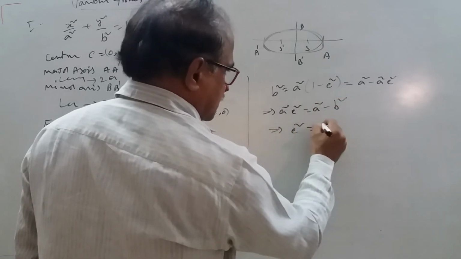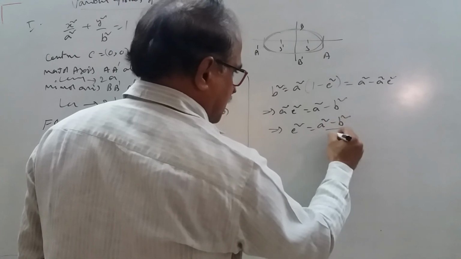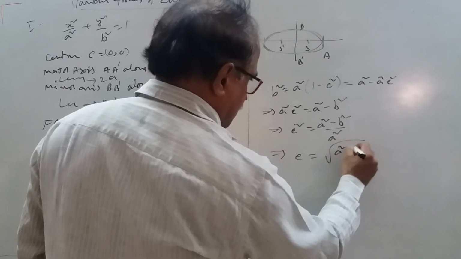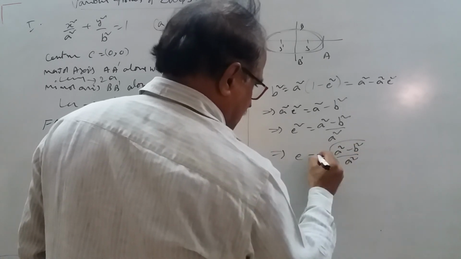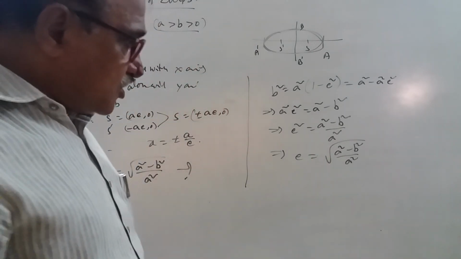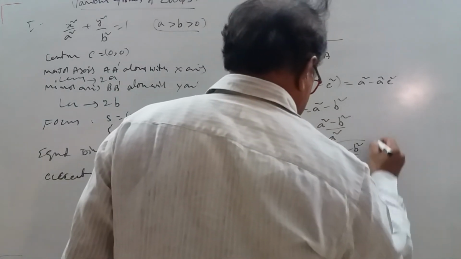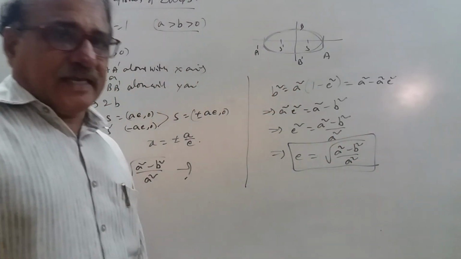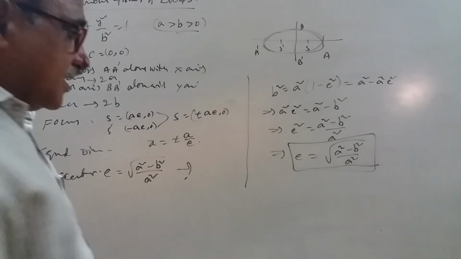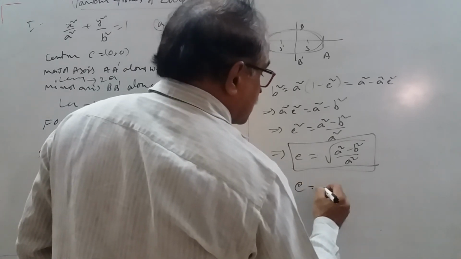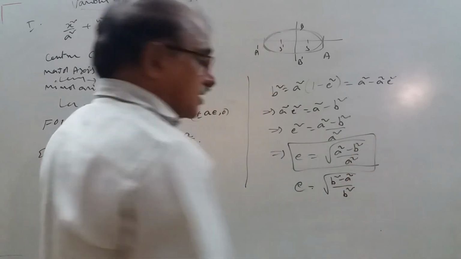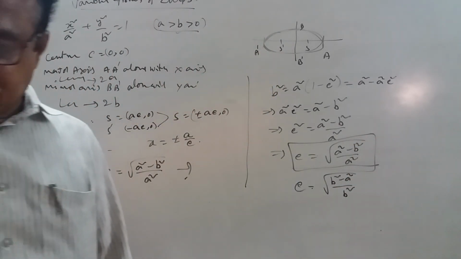That implies e square is equal to a square minus b square by a square. That implies e is equal to under root of a square minus b square by a square, plus or minus. But we take plus only, since e is greater than 0 and less than 1. This is the formula for finding eccentricity e if a is greater than b. If a is less than b, then e is equal to root of b square minus a square by b square. By using these two formulas, we can find the eccentricity.